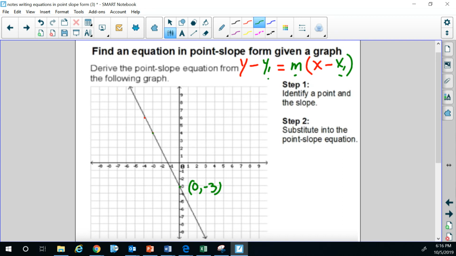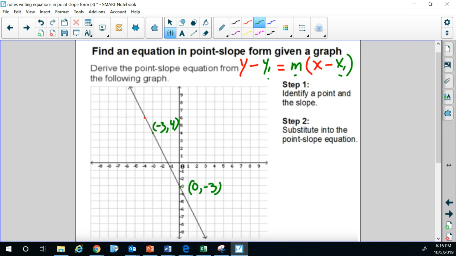And that point is, I go across 3 and up, so it's (-3, 4).